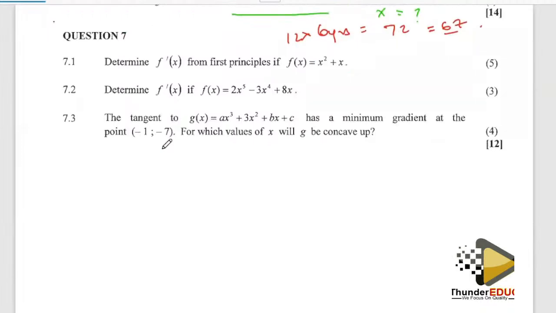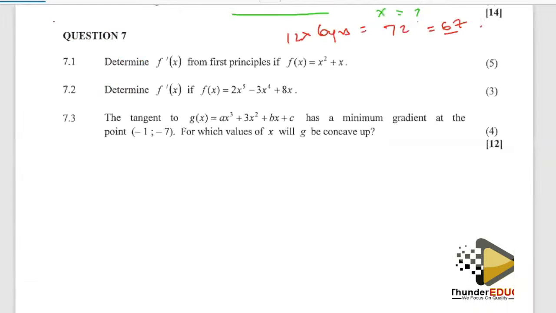All right, then question number 7 is calculus, differential calculus. So question 7.1 will always be first principles. We have x squared plus x. If this is f of x, we need to also get f of x plus h, which means where there is x, it will now be (x plus h) squared, and then x plus h.